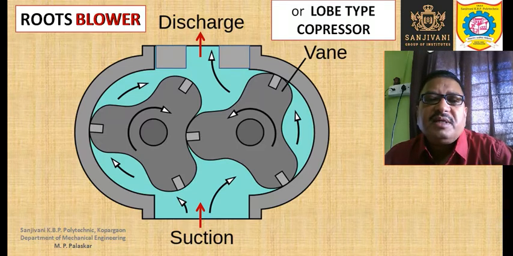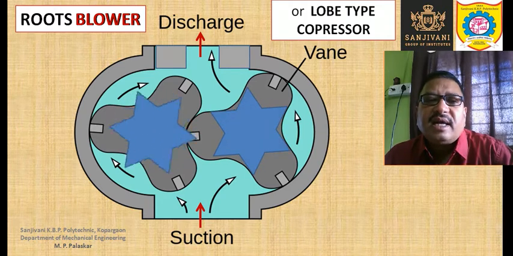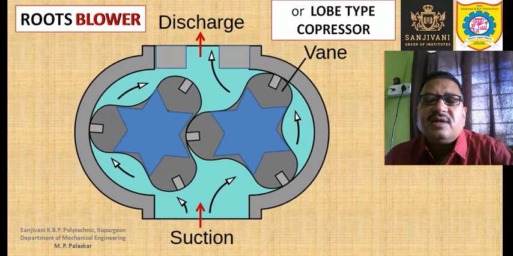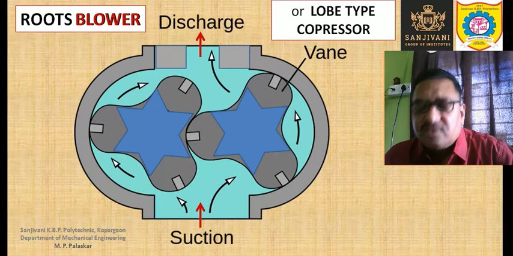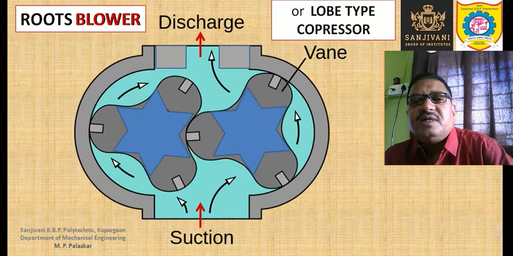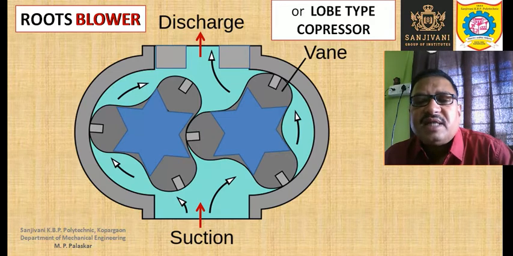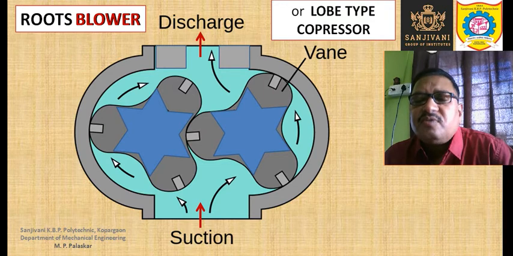So this is nothing but a blower, so it will just blow the air, Roots blower, and this is the direction of rotation, and the gears are also present. The gear pair is there on each shaft of the rotor. So we are having 2 rotors mounted on 2 different shafts, and on these 2 shafts 2 gears are also mounted.